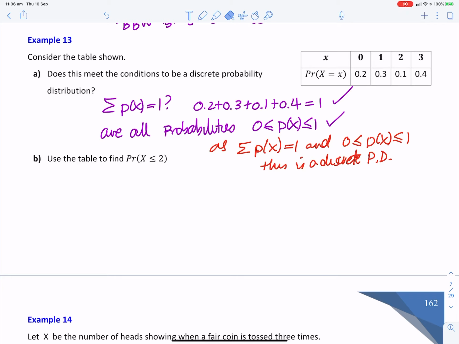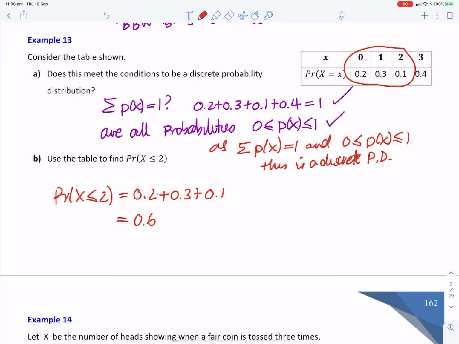Use the table to find the probability that x is less than or equal to 2. So less than or equal to 2 is this, which we can see is 0.2 plus 0.3 plus 0.1, which is 0.6.